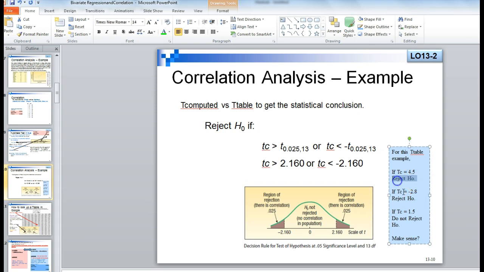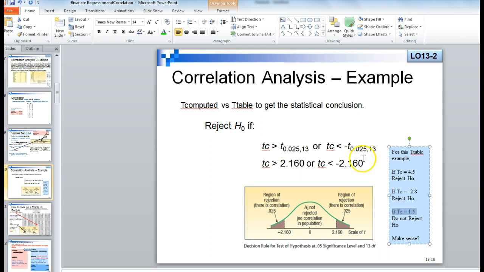So if your T computed is 4.5, you reject. If your T computed is negative 2.8, reject. If your T computed is positive or negative 1.5, do not reject. Make sense? This is how we would use the T computed and the T table in order to arrive at your statistical conclusion of reject or do not reject.